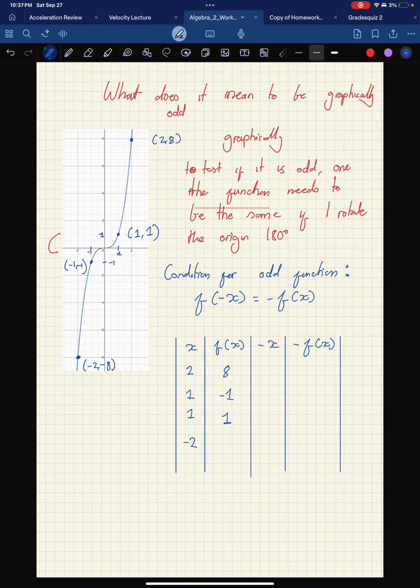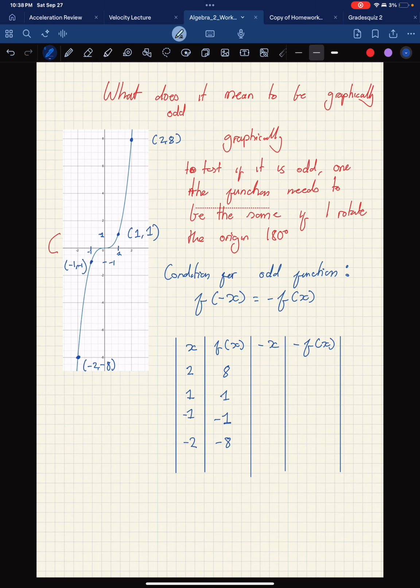Sorry guys, too many mistakes. Hope it's not confusing you. Please come see my office hours. I'm just trying to figure out the correct x and y values. So we have -1 and -1, and then we have -2 and -8. These are the correct pairings: (2, 8), (1, 1), (-1, -1), (-2, -8).